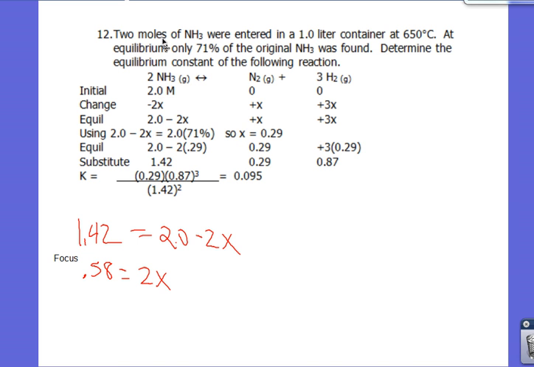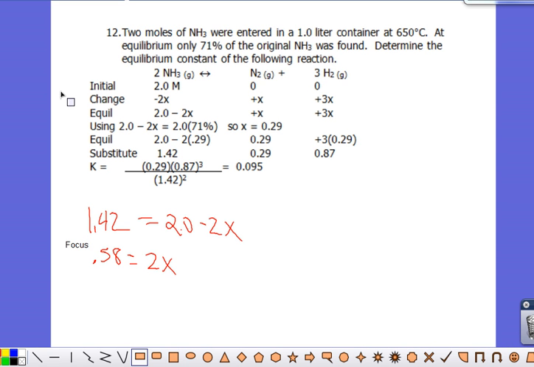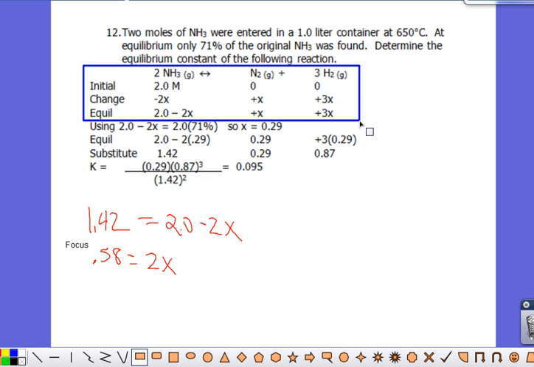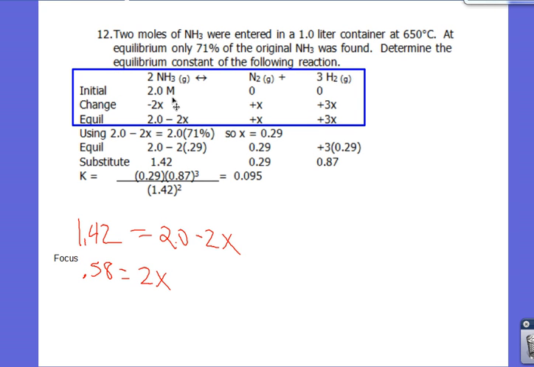So you can see first in the RICE table, again, let's focus just on the RICE table first, organizing your thoughts. We know the initial value, we know how much we're losing in terms of x. At equilibrium would be 2 minus 2x. Then we realize that at equilibrium, 71% of the original was found.